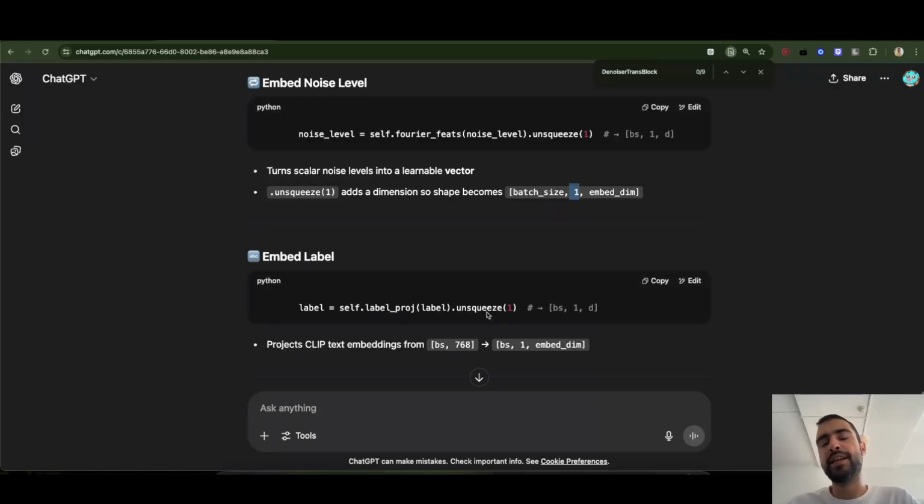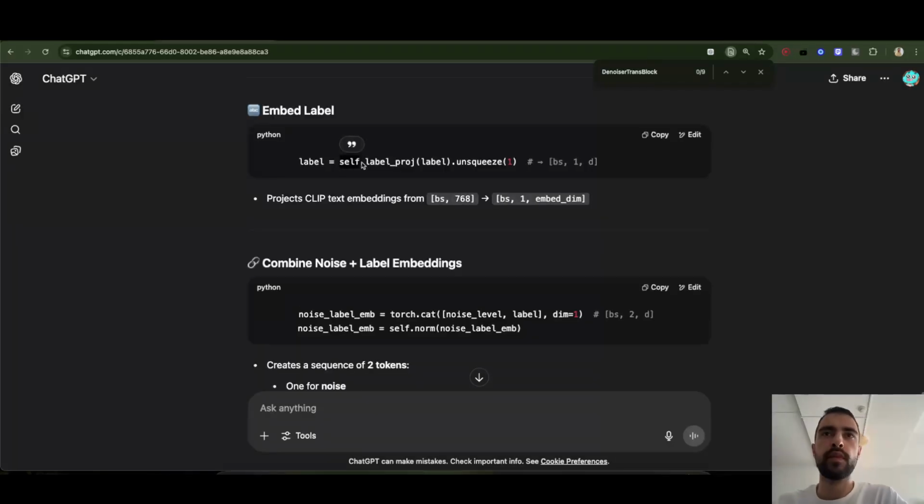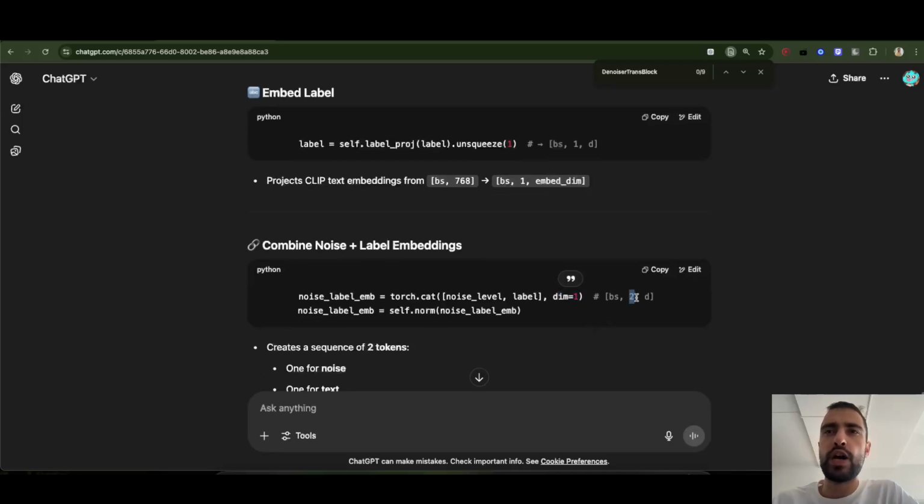For the entire sequence of patches, it will be the same noise level, because it's the same noise level for the entire image. The label, we will also unsqueeze to have this sequence dimension, because we will add it to the entire image as well. And then we just concatenate them along the first dimension. So now we will have number 2 here.